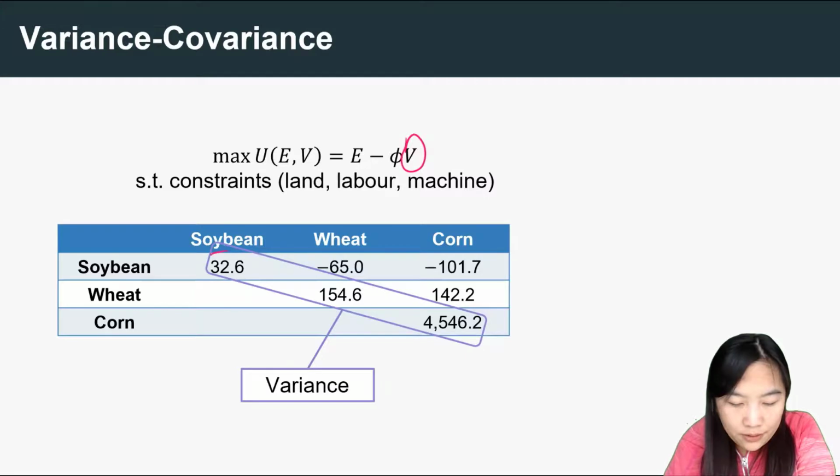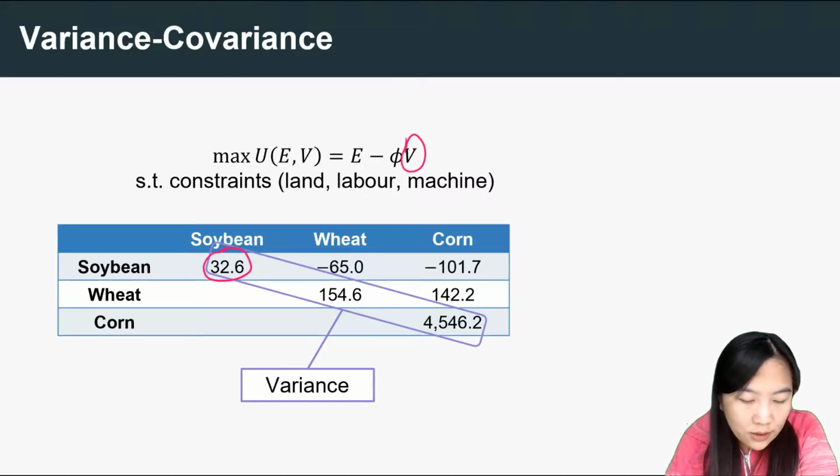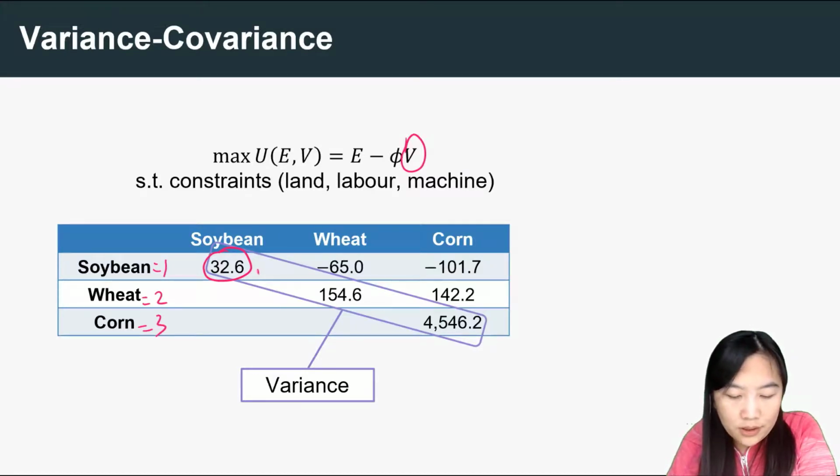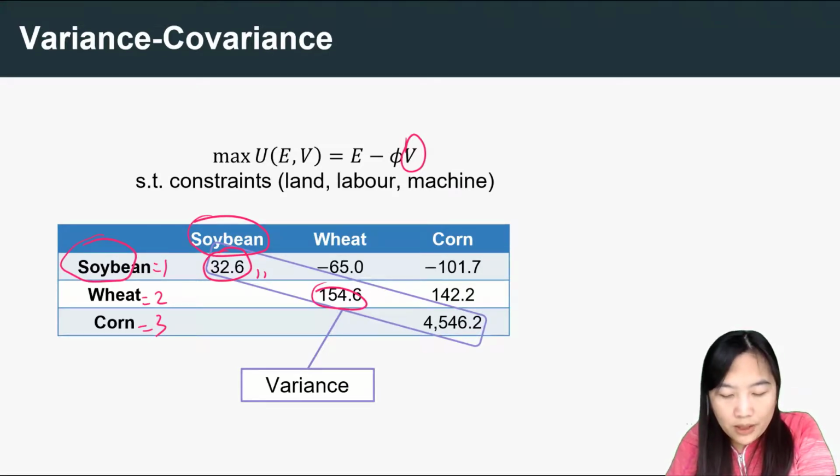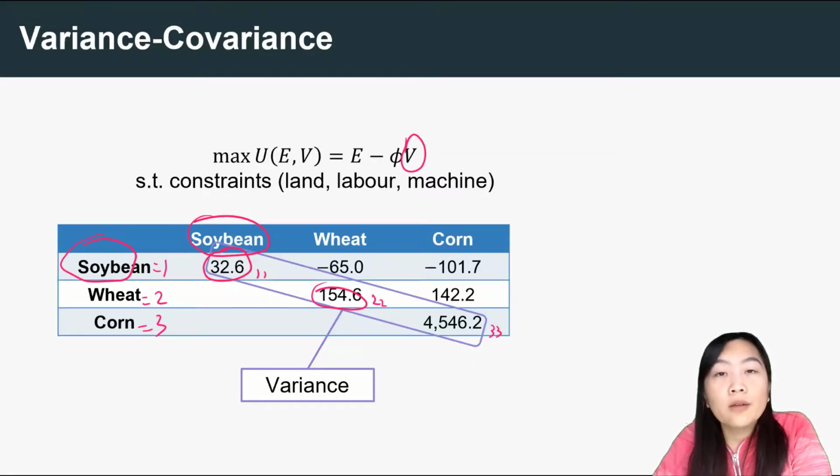So for example, in this table, let's say soybean is 1, wheat is 2, corn is 3. So here is 1, 1. It's both soybean. And here it's both wheat. So this is 2, 2, this is 3, 3. So those three terms are the variances.